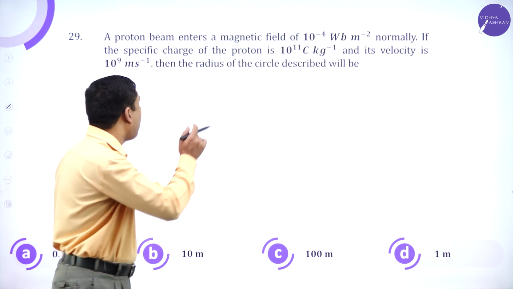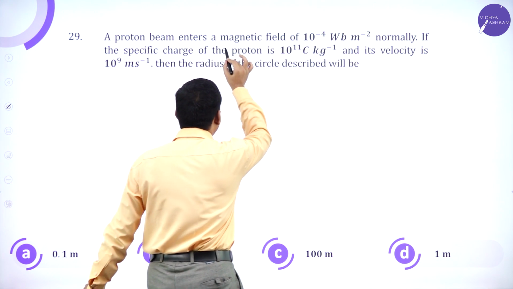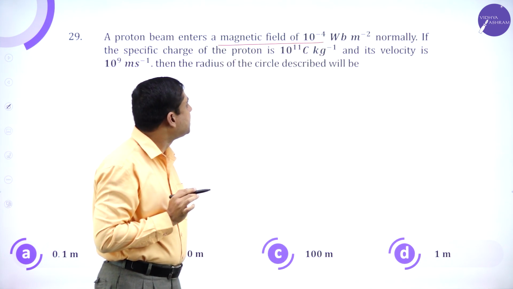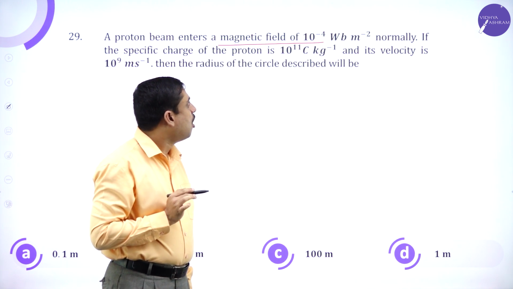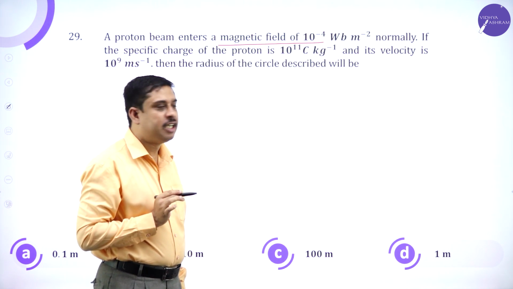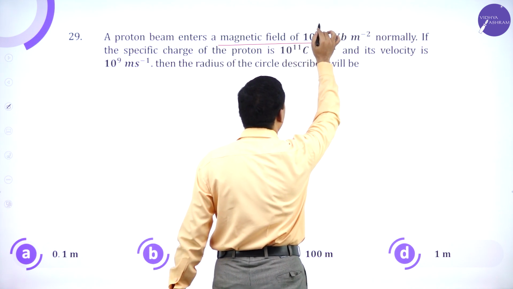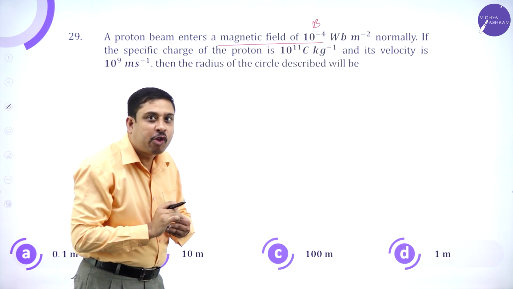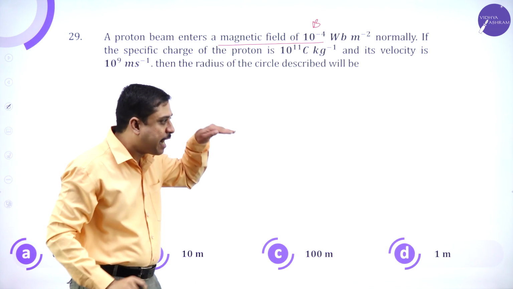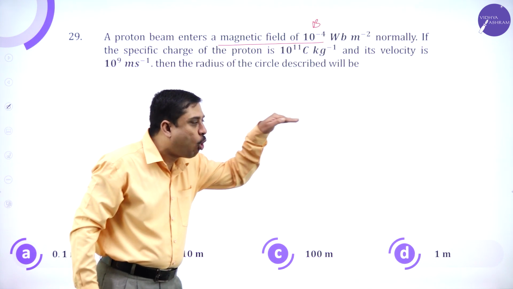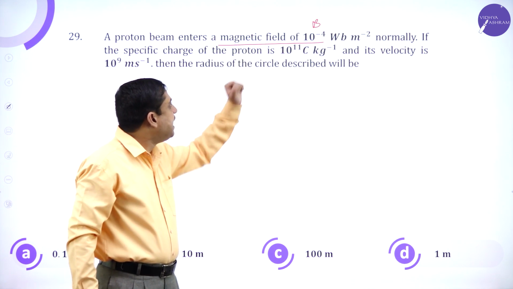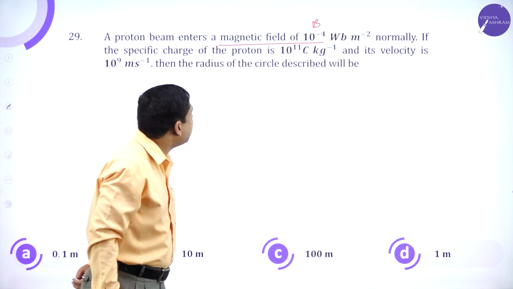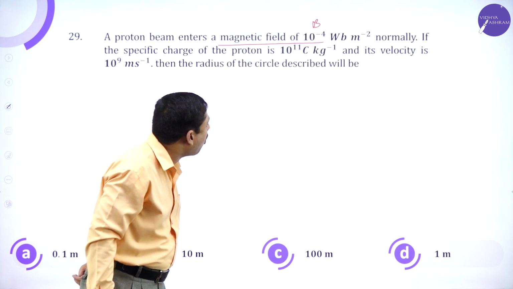A proton beam enters a magnetic field of 10 power minus 4 Tesla. A beam of protons is entering a magnetic field of strength 10 power minus 4.